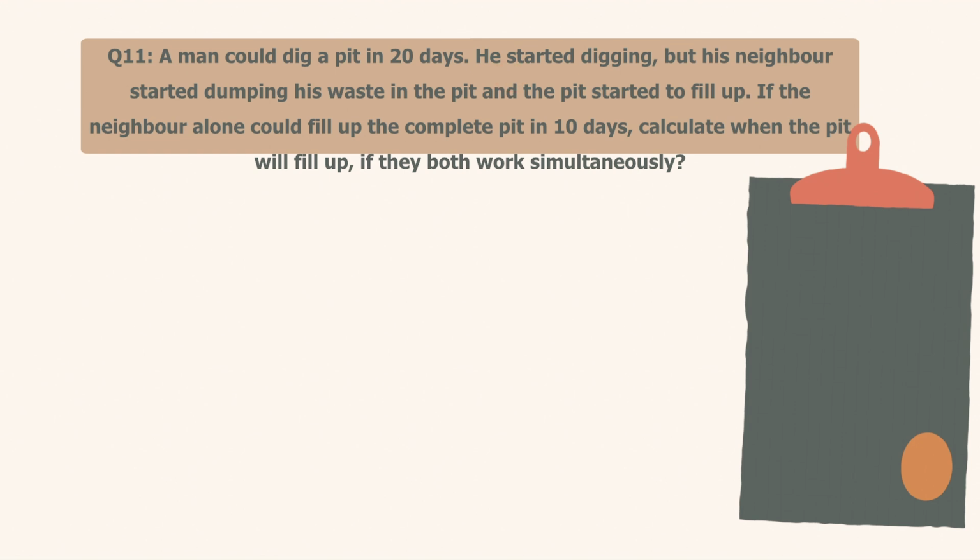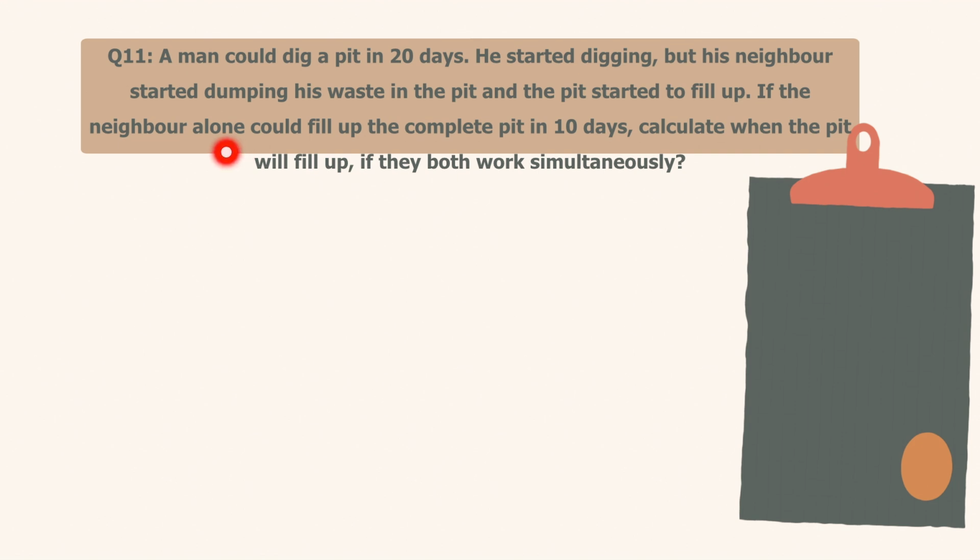Here one person takes 20 days, the other person takes 10 days. So please tell me, if one person takes 20 days to dig a pit and another takes just 10 days to fill it up, what will happen eventually? Whether the pit gets dug up or whether it gets filled up, what will happen? Definitely the pit will get filled up, isn't it?